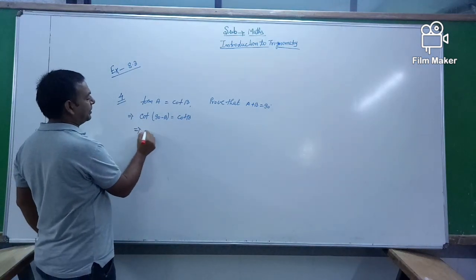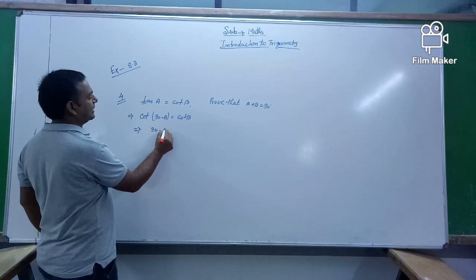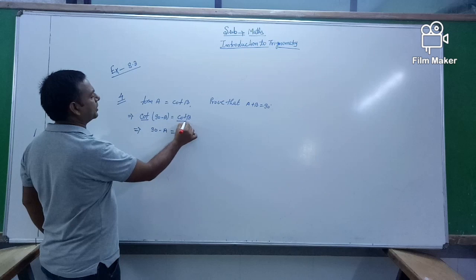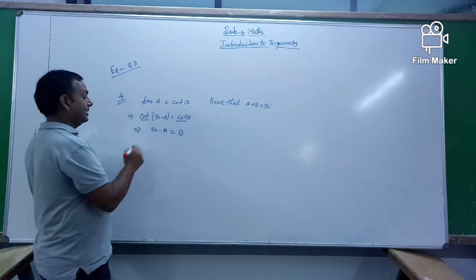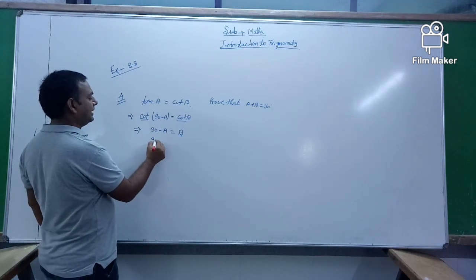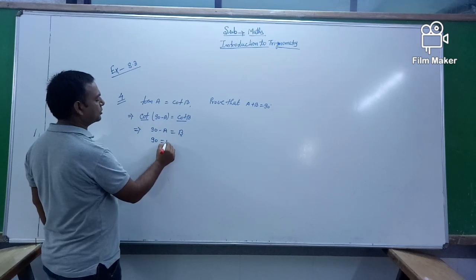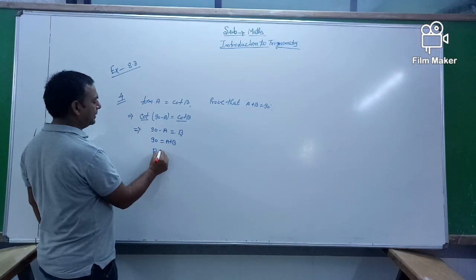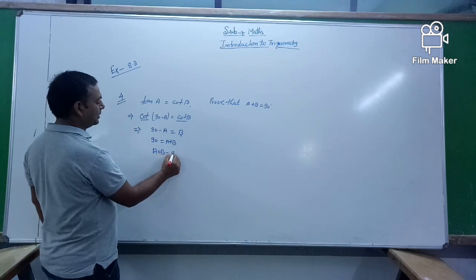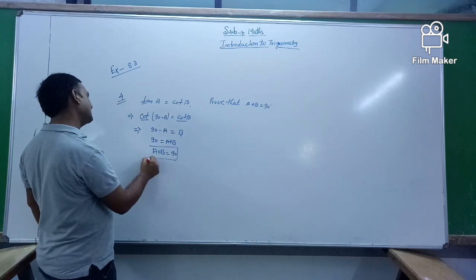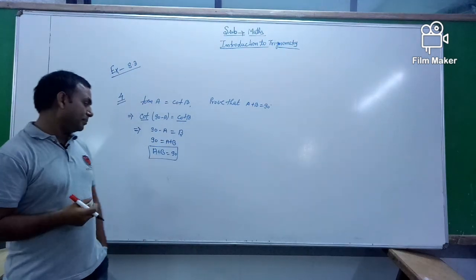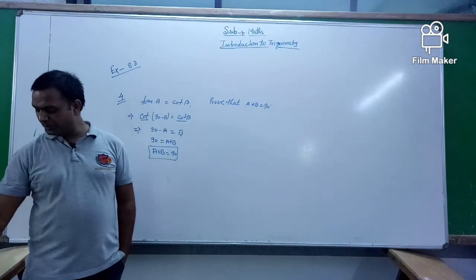So you compare both sides: 90 minus a is equal to b, because both sides are cot. So you compare. So 90 is equal to, transferring a to that side, a plus b. So a plus b is equal to 90. So this is the answer. According to this, you can prove that a plus b is equal to 90 degrees.